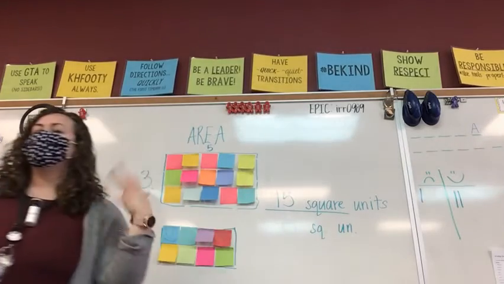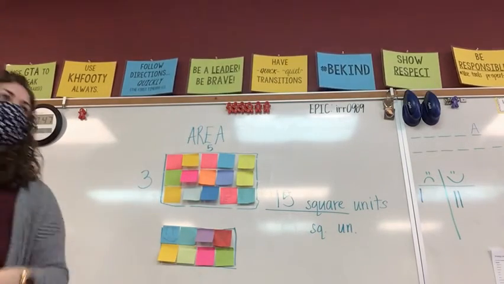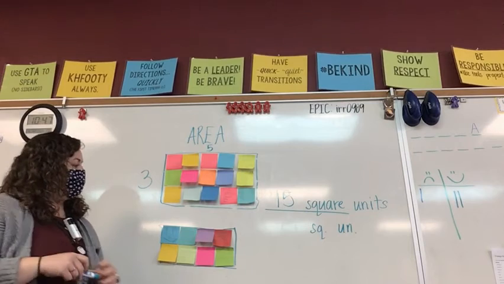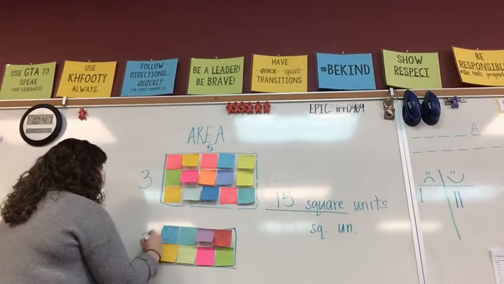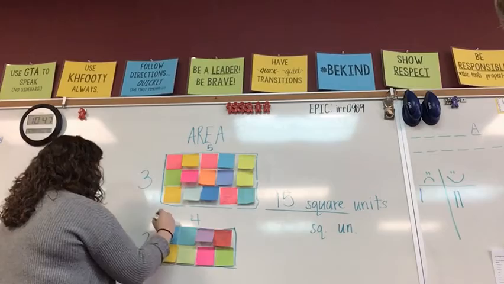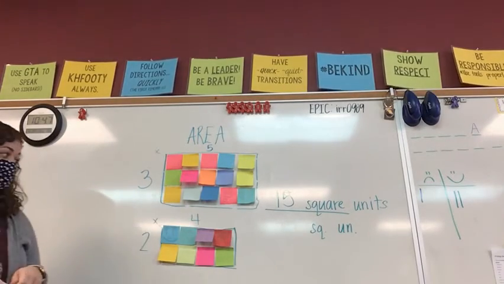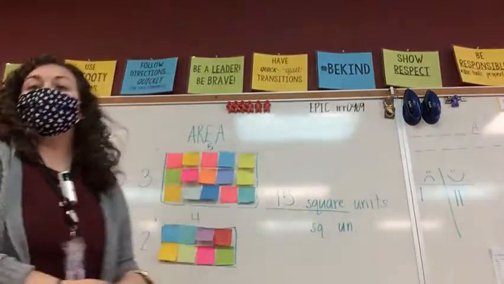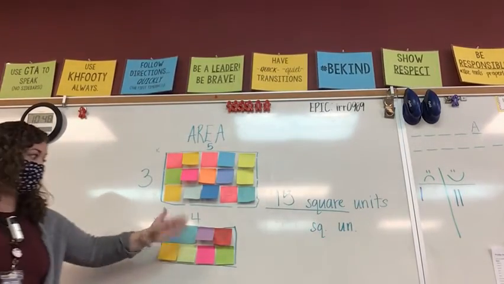Who else shared something smart with their math partner? Savannah. Because if you go 2, 4, 6, 8 on the bottom one, it's a smaller number. Savannah and Eli noticed there's 2 rows, so they counted by 2. 2, 4, 6, 8.